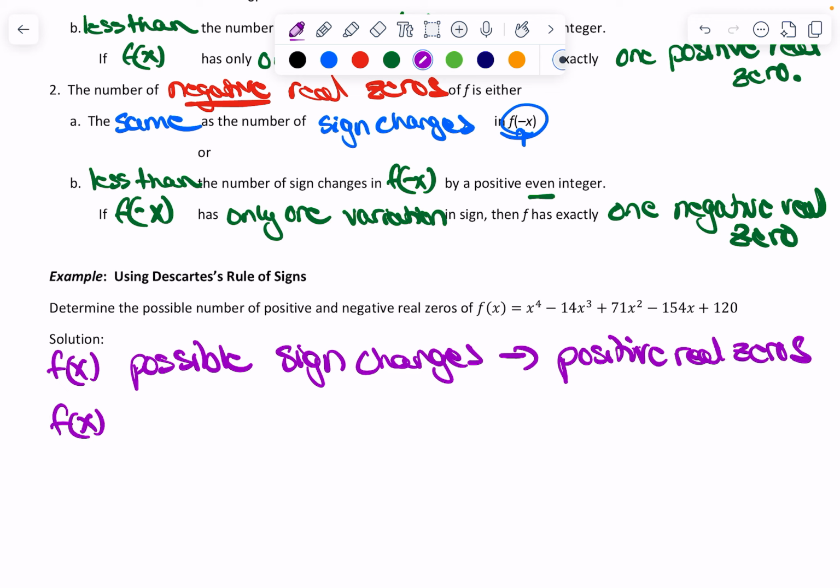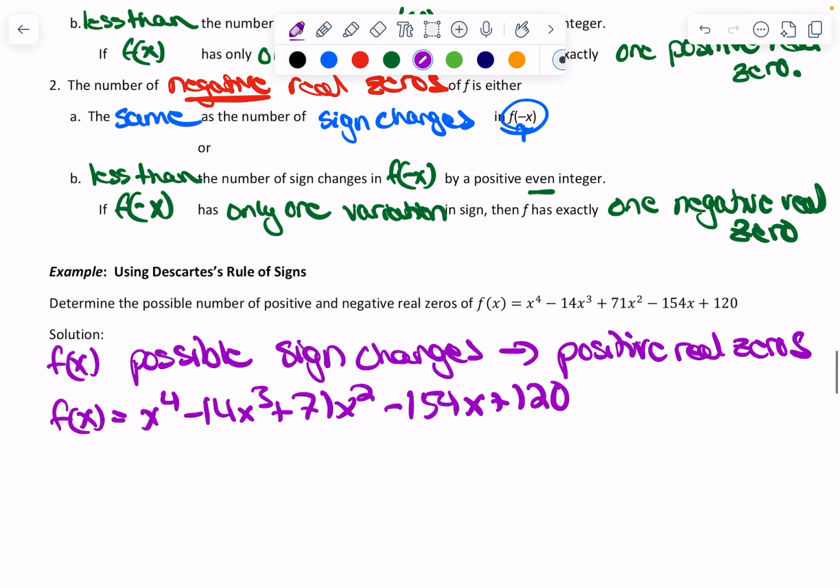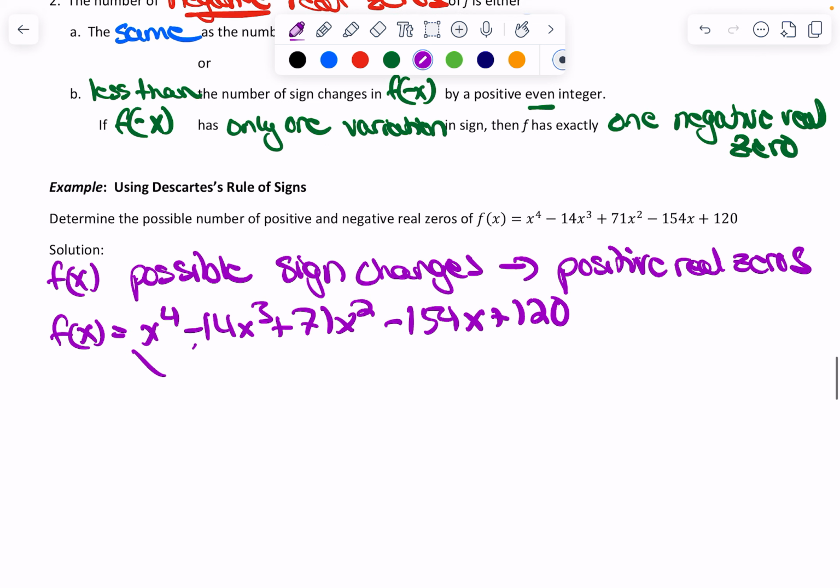Okay, f of x is x to the power of 4 minus 14x cubed plus 71x squared minus 154x plus 120. Okay, there's a sign change right here.